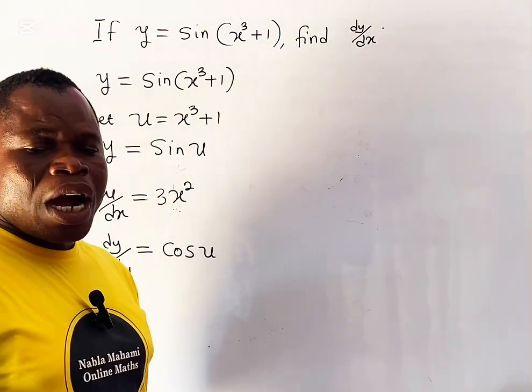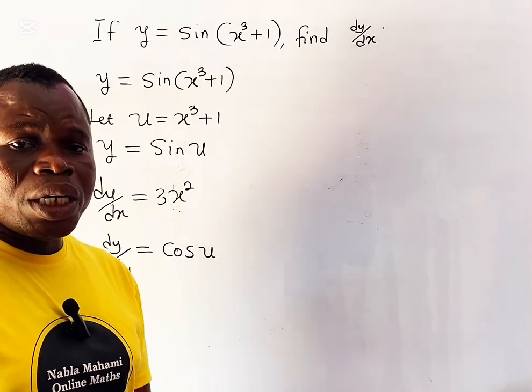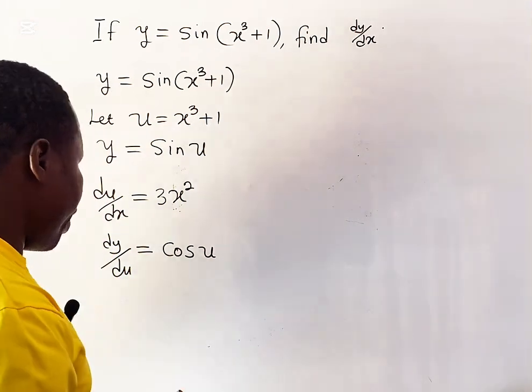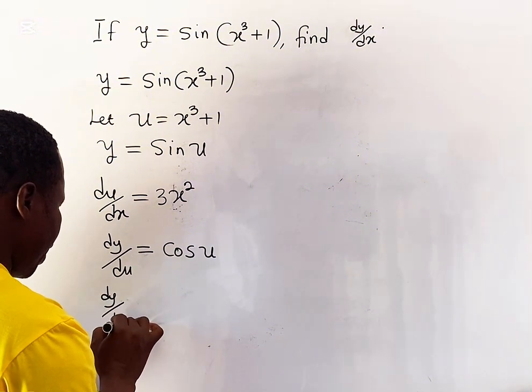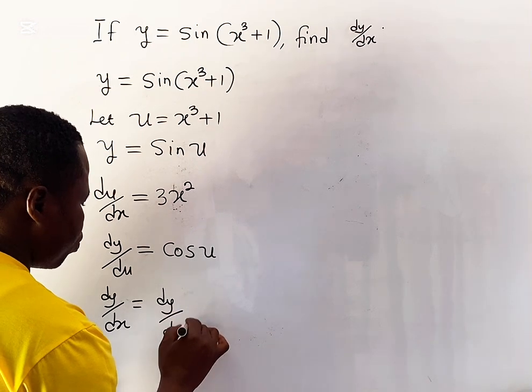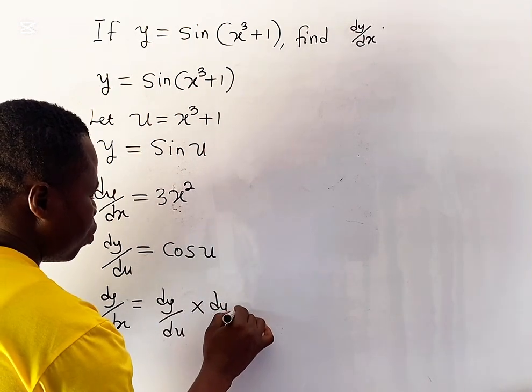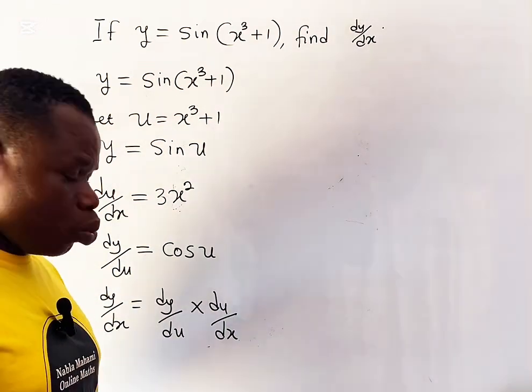After this, I will now use a particular formula, and we'll call that formula the chain rule. And by using that one, we have dy dx is equal to dy du times du dx. This is what we call the chain rule.